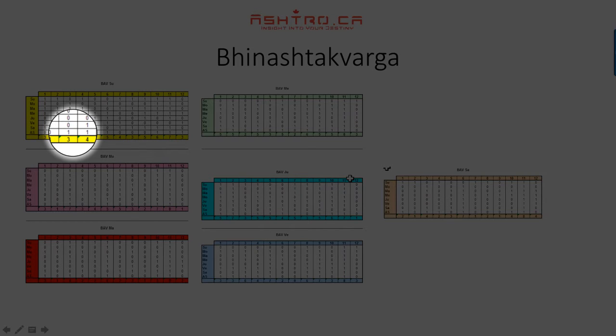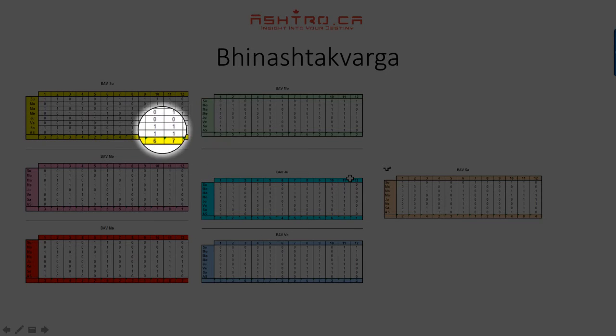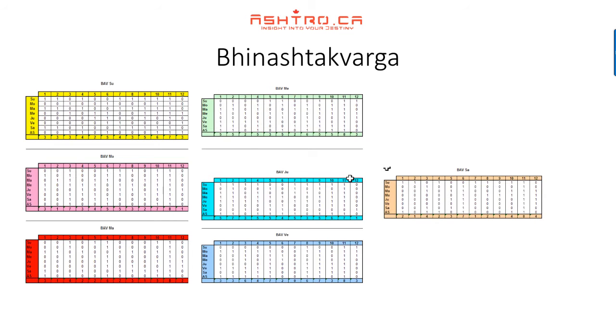But if Sun is in the 3rd, 4th, 6th, 10th, 11th and 12th house from the ascendant, it's good. It gets a bindu allocated. But in the ascendant, and in the 2nd house, 5th house, 7th, 8th and 9th house, it does not get a bindu. It's not considered to be a good position.